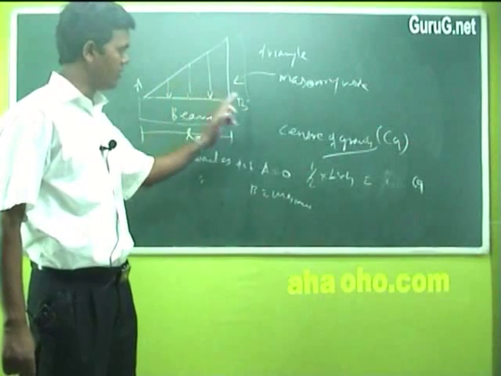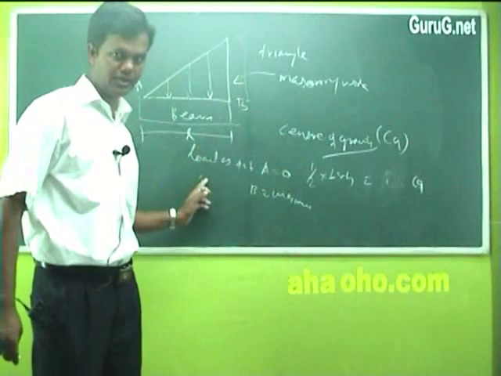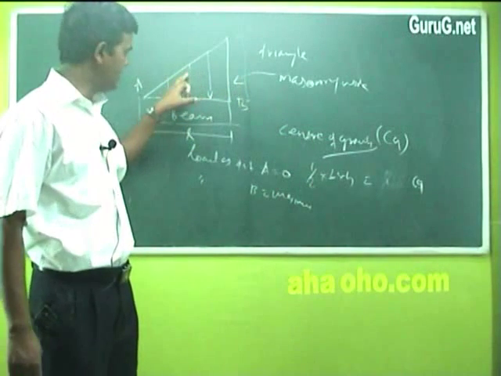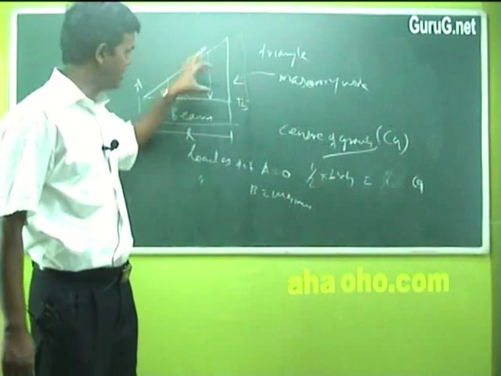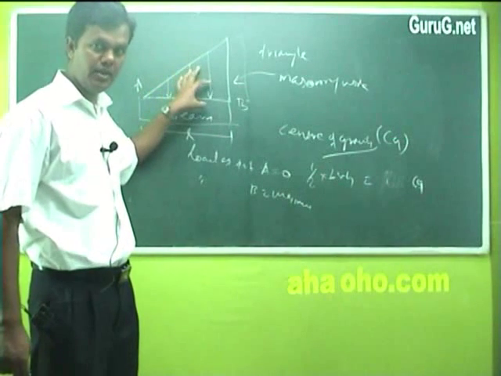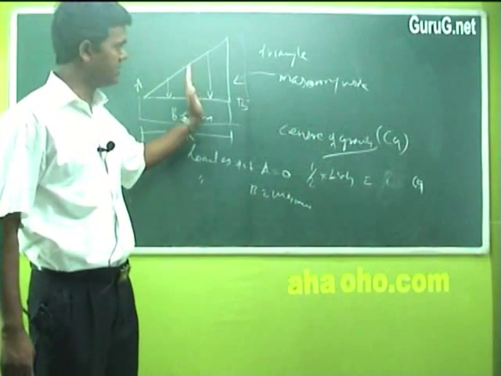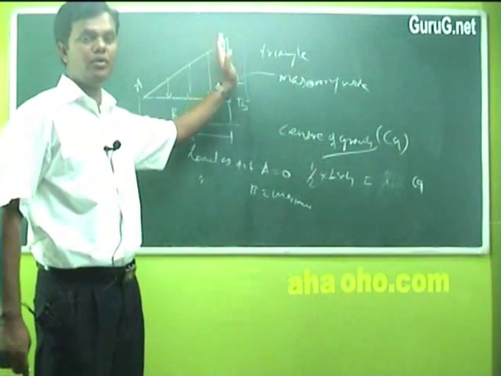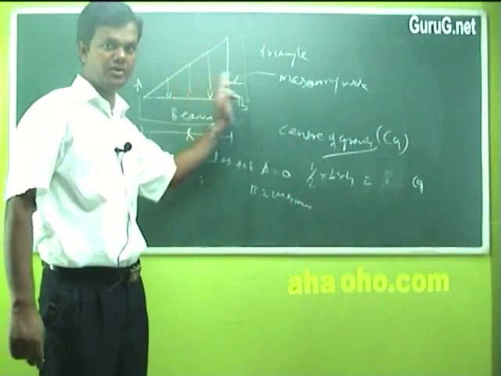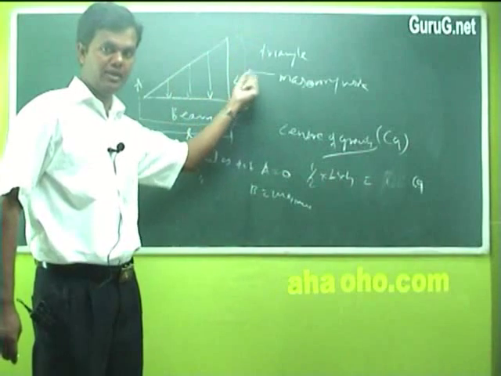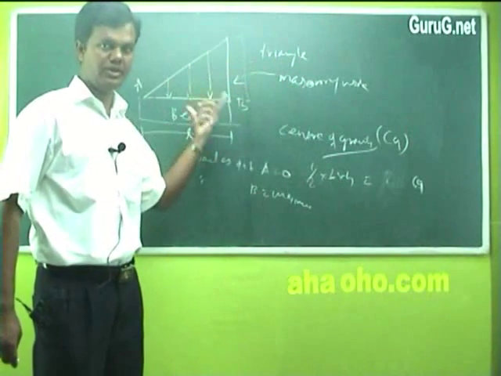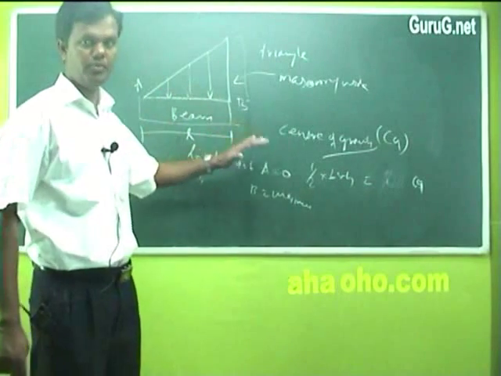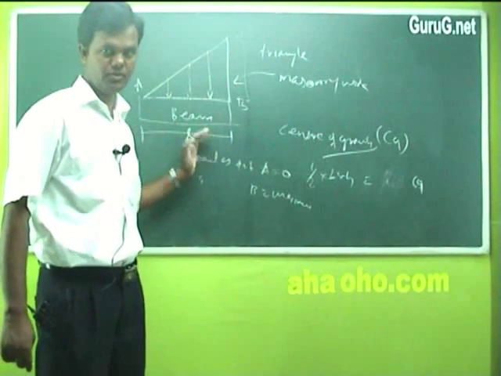Before going for the load calculation, the center of gravity of the body should be found out, because only at the center of gravity will the total weight of this body act, right? So that is the difference. The point load is directly given, the uniformly distributed load you multiply the applied value by the distance, and the third one is uniformly varying load. When we solve one problem on this, it will be easier for you to understand.